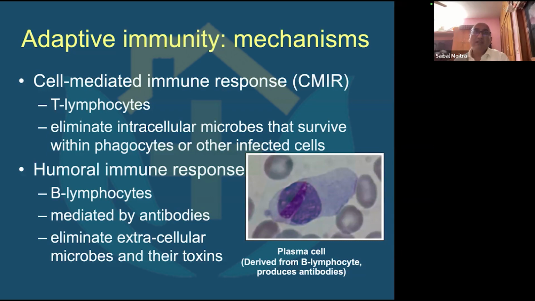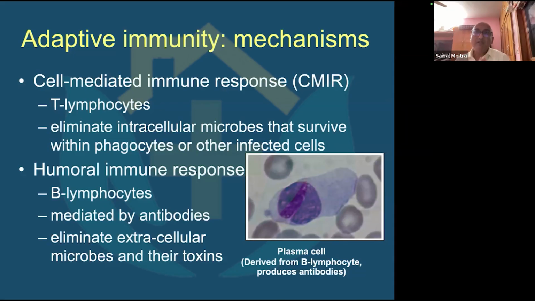Then the 5B attaches to C6, 7, 8, and 9, and forms a multimeric molecule which can insert into the cell membrane because it is amphiphilic, and then it causes the formation of pores in the cell membrane of the microorganisms, also known as membrane attack complexes, which cause lysis of the cells.